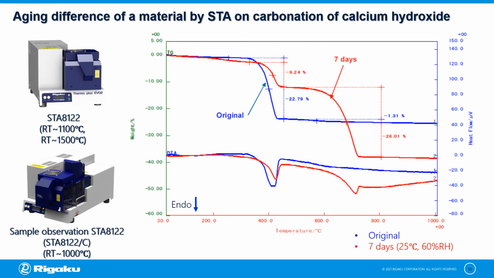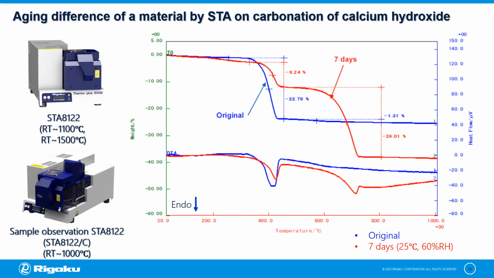The STA technique is also advantageous in measurements where we compare treatments, such as the application shown in this slide. Here, we compare the aging difference of a material by STA on carbonation of calcium hydroxide. The fresh sample, or the original sample shown in blue curve, shows a mass loss of 23% at 410 degrees centigrade with an endothermic peak due to dehydration.